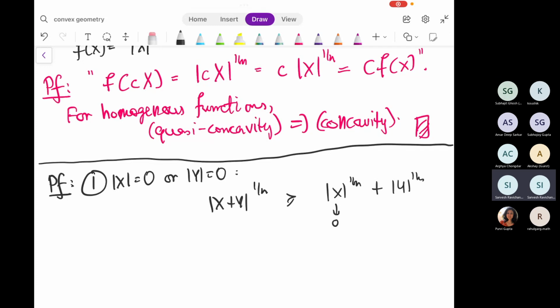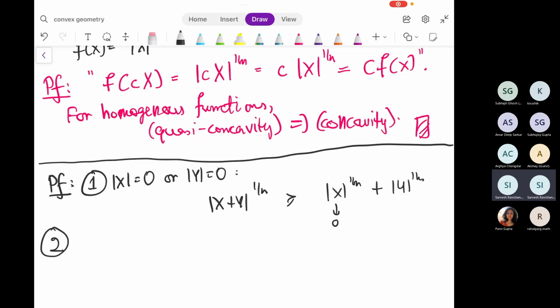But on the left-hand side, you'll have some translate of y, possibly by a set of measure 0. But still, it will be something that contains a translate of y. Therefore, it will have as much Lebesgue measure as y itself. So when x or y has Lebesgue measure 0, this statement follows very obviously.